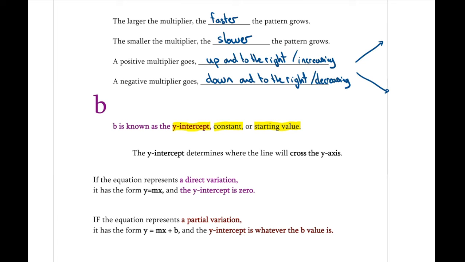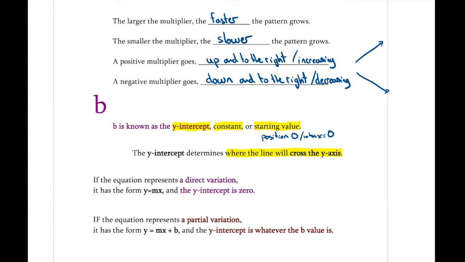Starting value because that is what happens at position 0, or when x equals 0. So again, this value, this constant, this y-intercept, determines where the line crosses or will cross the y-axis. So it does give you a starting point, a point of reference on an actual graph.